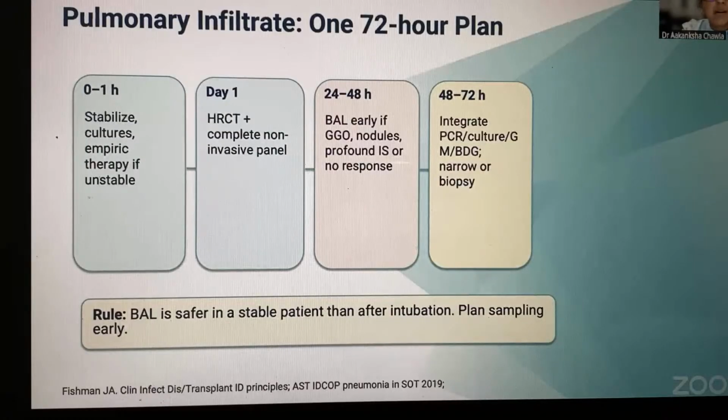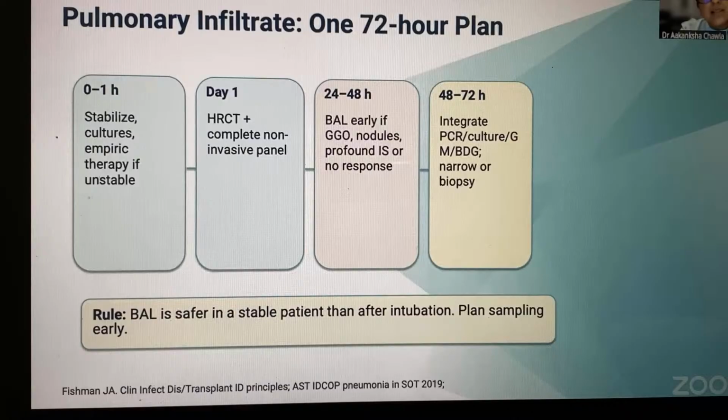You can send secretions, do a mini BAL, send ET aspirates, and BAL should be done early within the first 24 to 48 hours. If your CT is showing you ground glass nodules, ground glass opacities, nodules, and if your initial therapy is showing you no response in the first 24 to 48 hours, then once you have your appropriate cultures at 72 hours, you have your PCR tests and your biomarkers, you correlate it, you see what you want to de-escalate, narrow down.